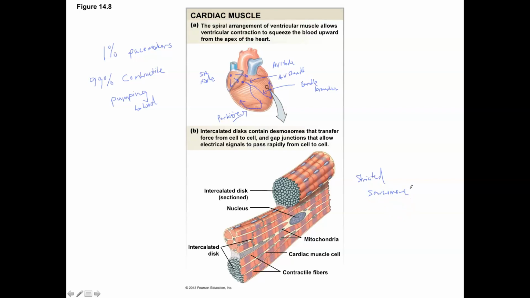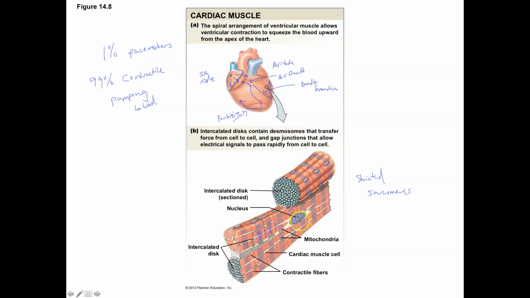And sarcomeres contain predominantly actin and myosin, and the actin and myosin proteins are arranged in a specific way so that you have this striated pattern when you look at the cells, and they're also arranged in a specific way so that you can have muscle contraction. And you can watch other videos on sliding filament theory. And so that's why you see this sort of dark and light banding pattern that repeats itself over and over again. So you have dark, light, and that's that striated appearance.